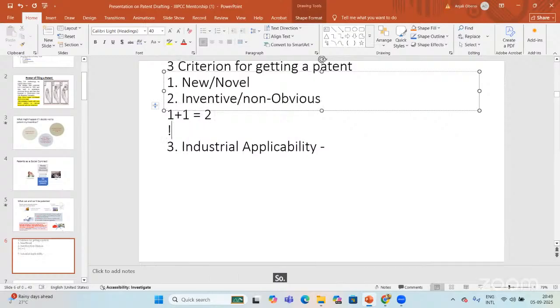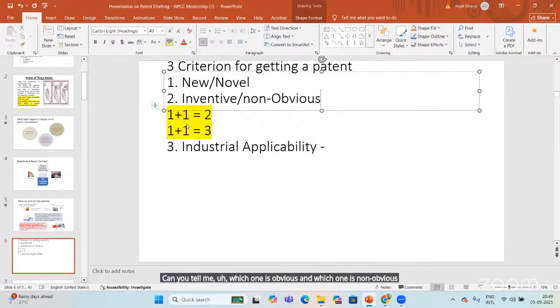So, I am giving you two examples here. Out of these two examples I have highlighted for your reference, can you tell me which one is obvious and which one is non-obvious?